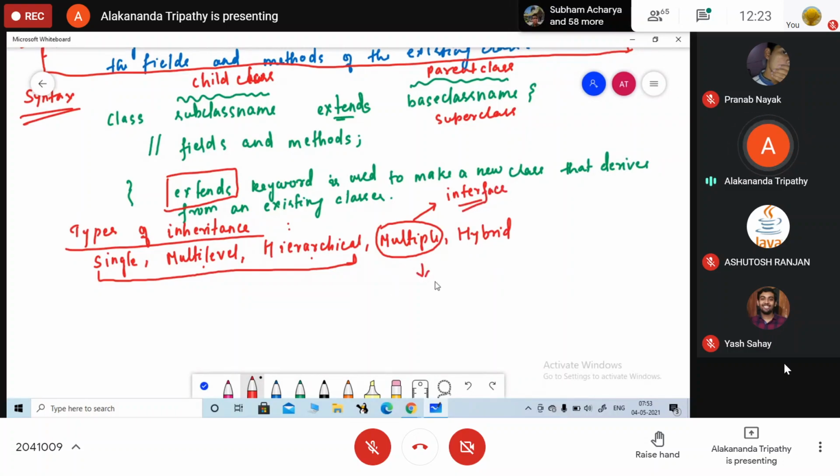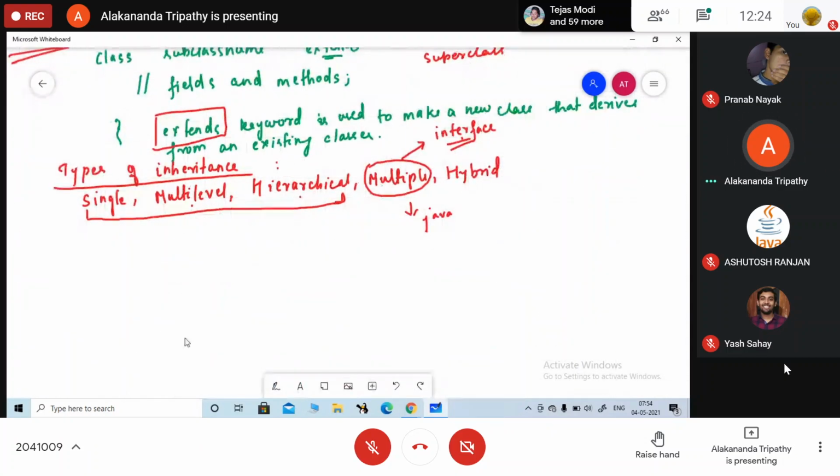Remember this point: Java does not support multiple inheritance. Instead of multiple inheritance, what will we use? Interface. This is the basic reason why Java is called a purely object-oriented language. We will check all the types of inheritance one by one.